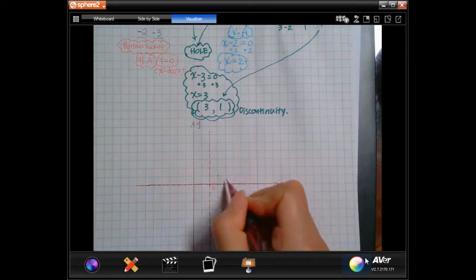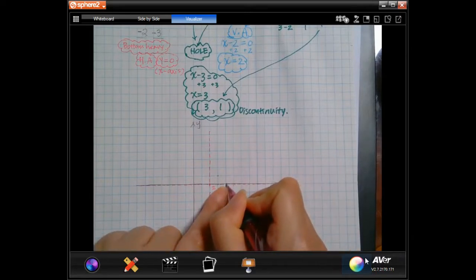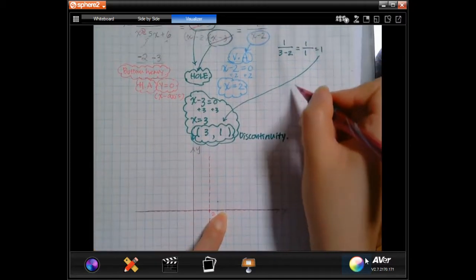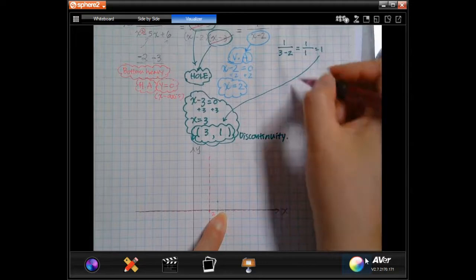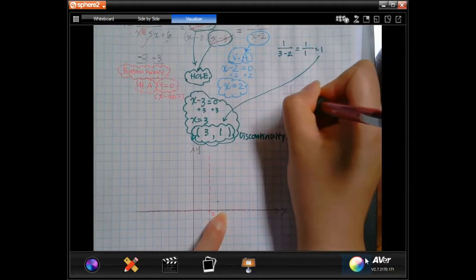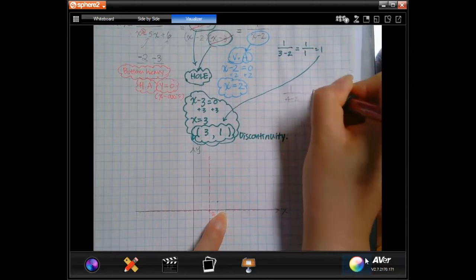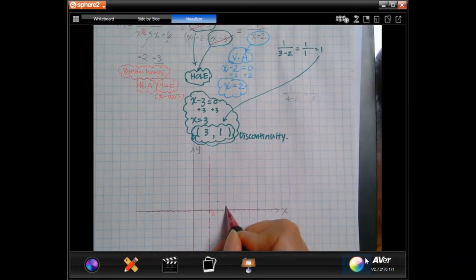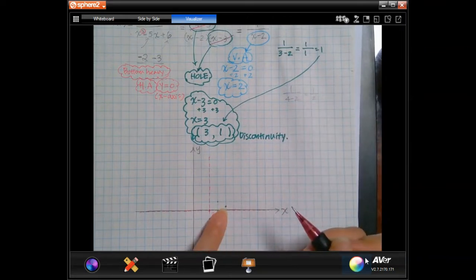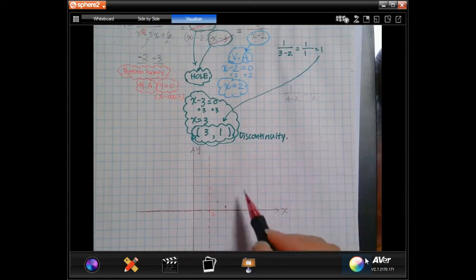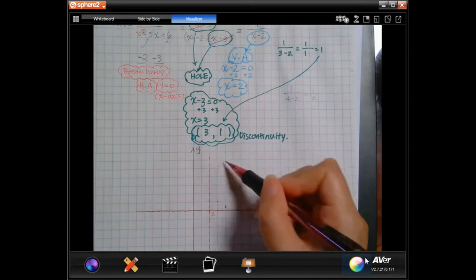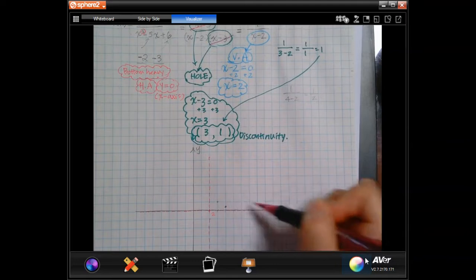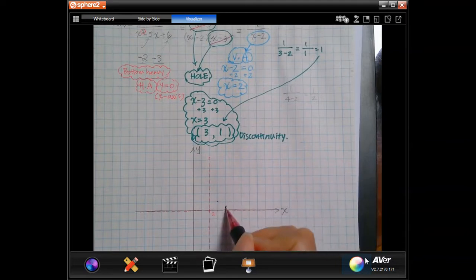Then if I go with 4 here, then I can do this input here. So 1 over 4 minus 2 is 1 over 2. So then 4 comma 1 over 2, half, is here. So look, this is the upper right section, 2 coordinates placed there.